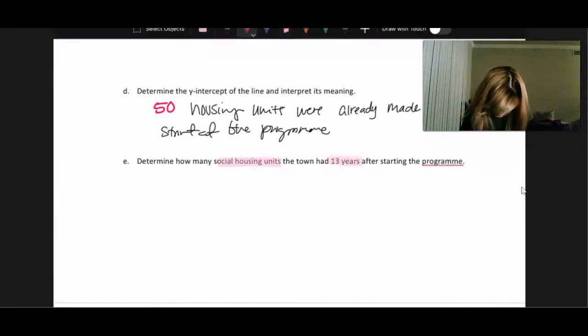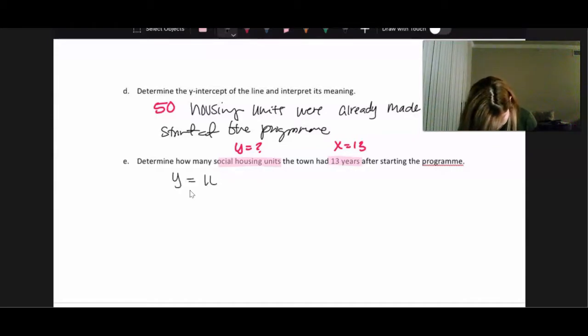If it's 16 per year, x is your years, so x equals 13. We want to figure out how many outputs, or housing units, we have at the end of that 13th year. Similar to previous problems, we're just plugging it in. We don't know y, however we do know x.